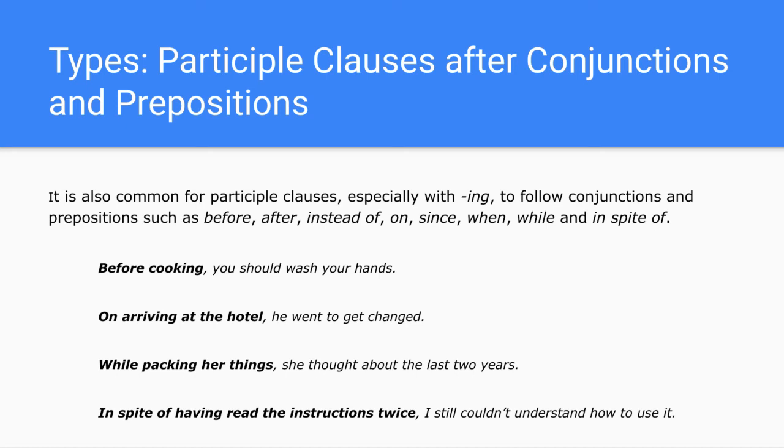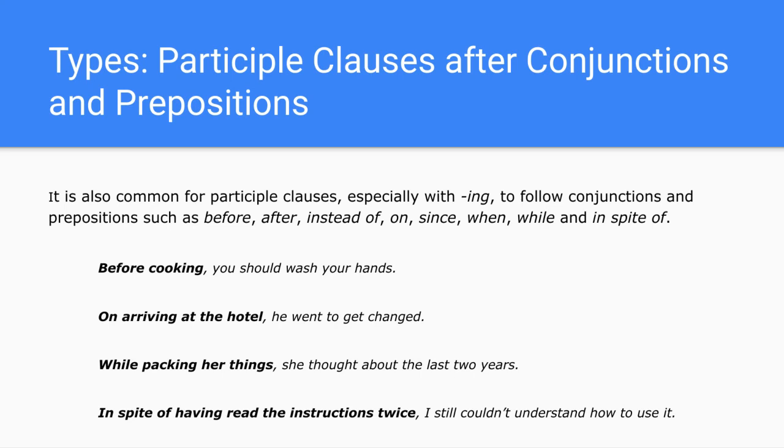While packing her things, she thought about the last 2 years, which is while she was packing her things, she thought about the last 2 years. In spite of having read the instructions twice, I still couldn't understand how to use it, which is even though I had read the instructions twice, I still couldn't understand how to use it.